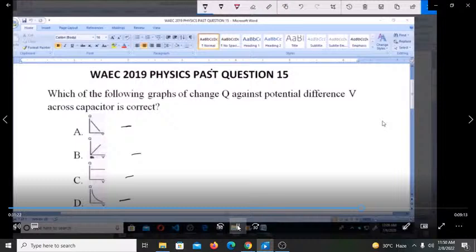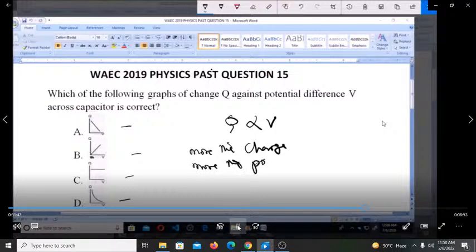So we are supposed to have Q varying directly as V, because the more the charge, the more the potential difference.